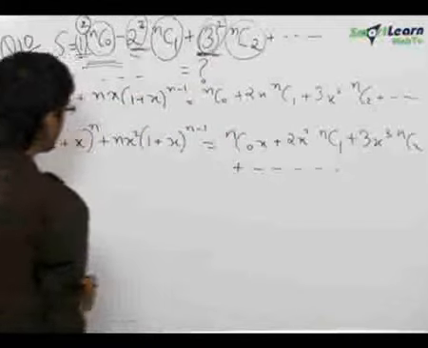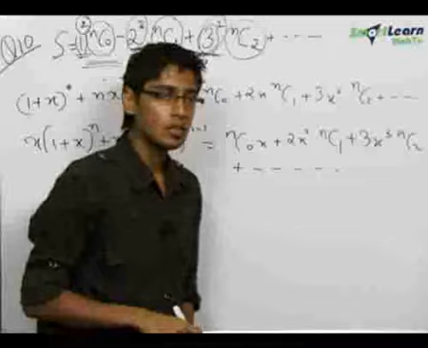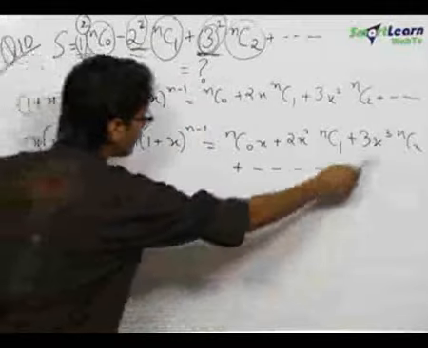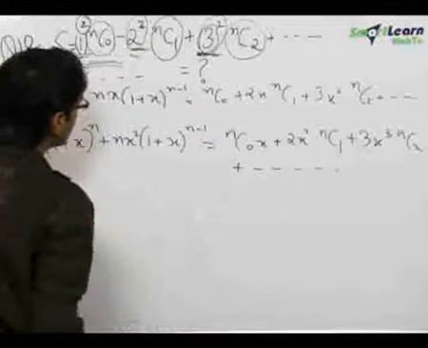Now if we differentiate both the sides as we did earlier, we'll try to find out whether we can generate one more 3, one more 2 and one more 1.